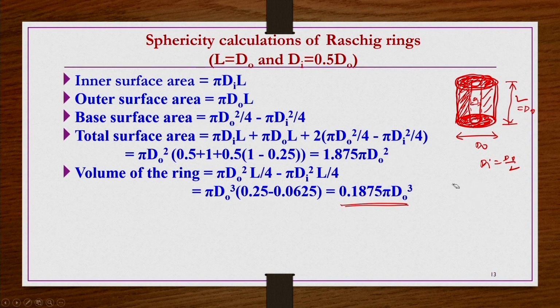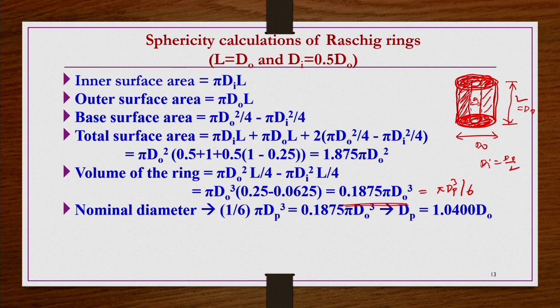If you equate this to the volume of a spherical particle, pi dp cube by 6, then you get the nominal diameter: dp is about 1.04 d naught.